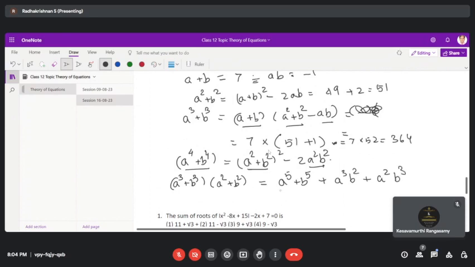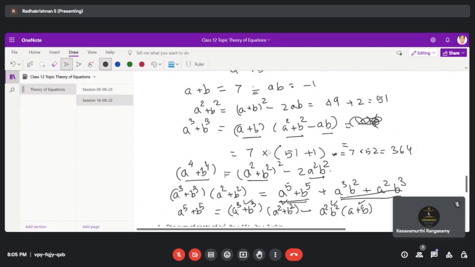Therefore a power 5 plus b power 5 is equal to a cube plus b cube into a square plus b square minus this. And this you can see is equal to a square b square into a plus b. Right? So we know this, we know this, we know this, so we can determine this. So like that, you can determine any such a power n plus b power n, you can go on like that. Okay.